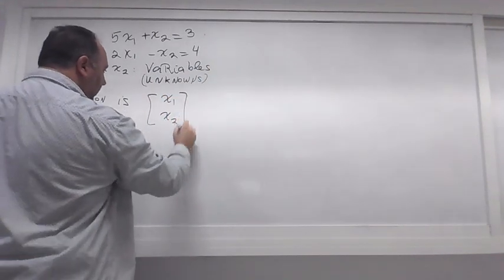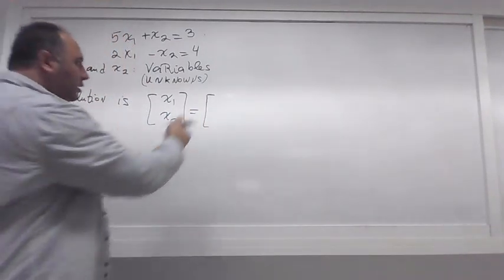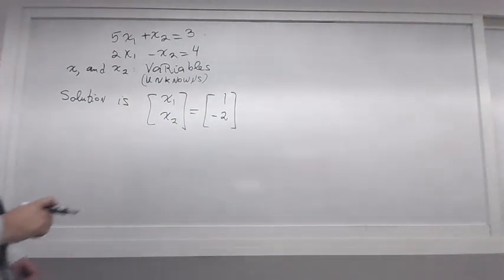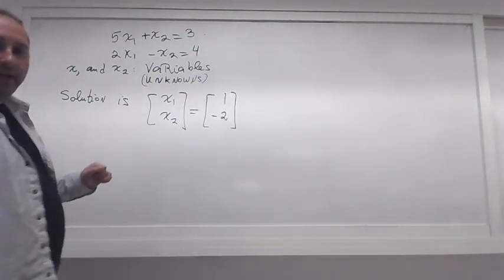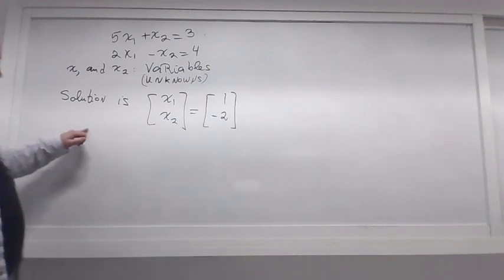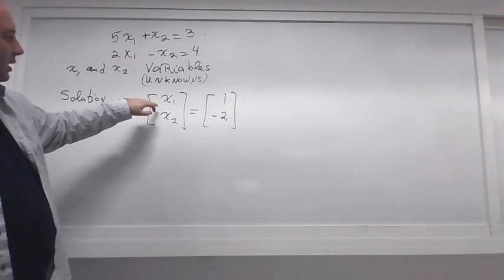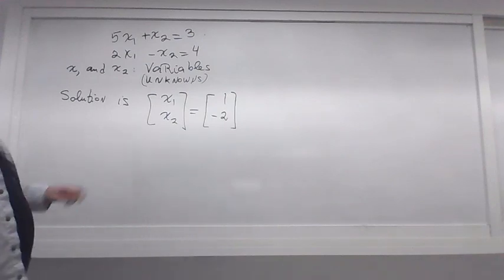The vectors will be written like this, standing up. And the solution is, in this case, 1 and minus 2. How do I know? Well, I need to verify it, and part of your section 1 is about finding if a proposed point is a solution or not of your system.